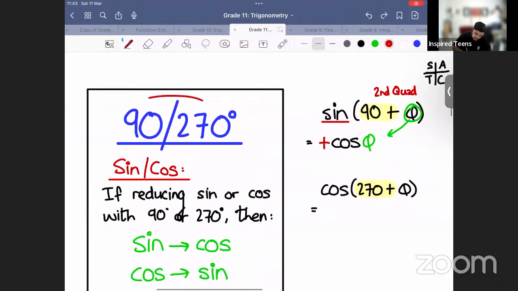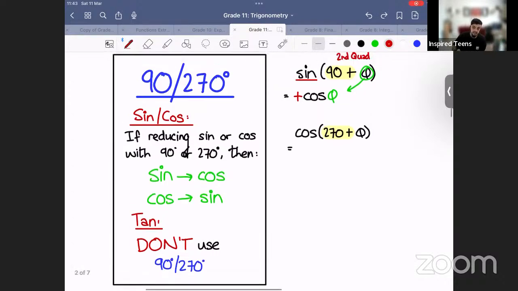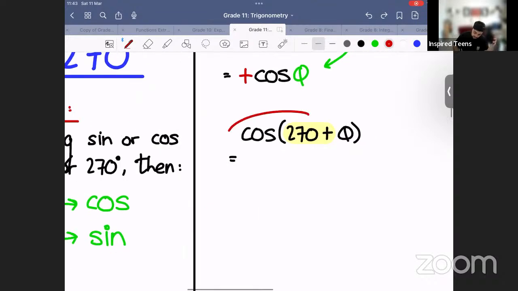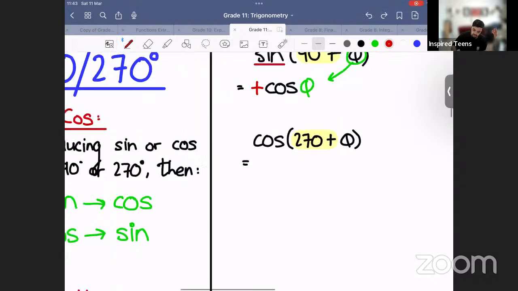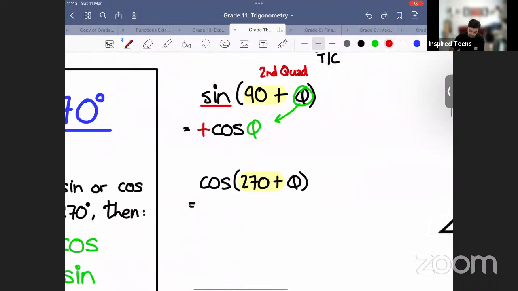Whenever you see 90 and 270, you have to think, whoa, there's exceptions with 90 and 270 with all trig ratios. With sine and cos, I need to change from sine to cos or cos to sine, and with tangent, I can't use 90 and 270. So for the person that had cos, do you see that's already incorrect? Because you're supposed to have sine. Your final answer is going to be sine because you're dealing with 90 and 270. First correction. Hope that makes sense.